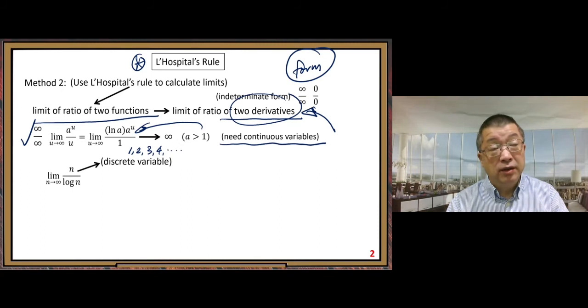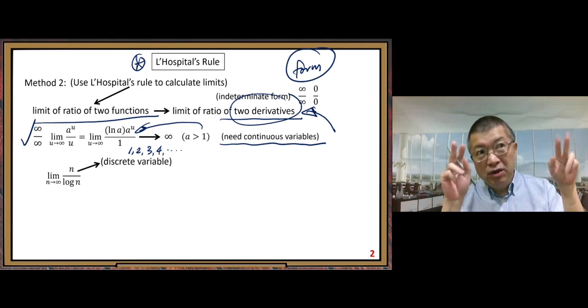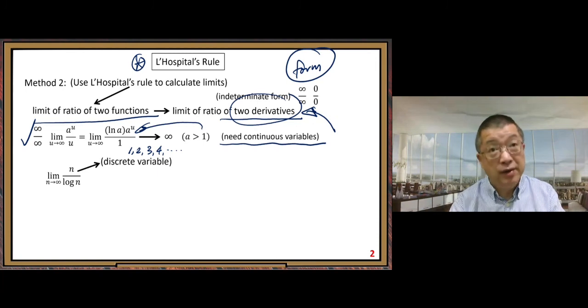You cannot apply a derivative on it. Conceptually, it is wrong. But some people still do it. Some people don't worry about that, so they just apply it anyway, and finally they get a so-called correct result, but not quite right, not rigorous math.